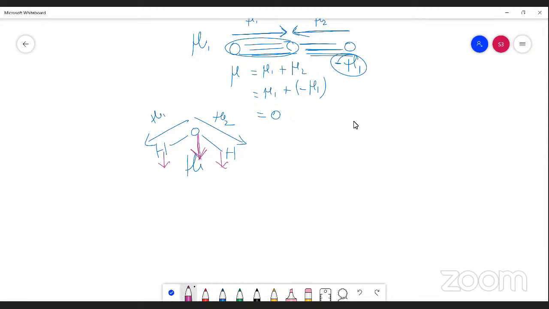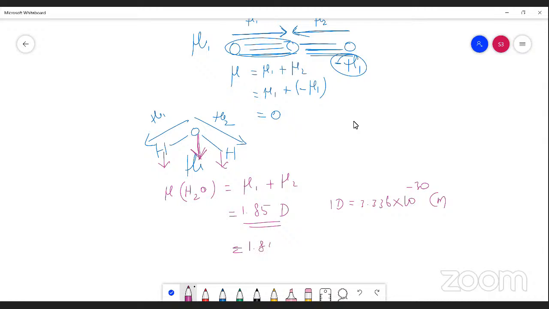Here, the net dipole moment of the water molecule, H2O, is equal to mu1 plus mu2, which is equal to 1.85 debye units. 1 debye is equal to 3.336 into 10 power minus 30 coulomb meter. So 1.85 into 3.336 into 10 power minus 30 coulomb meters.